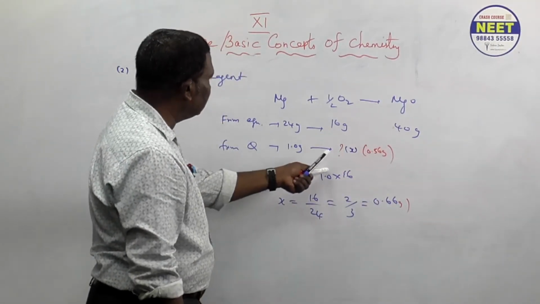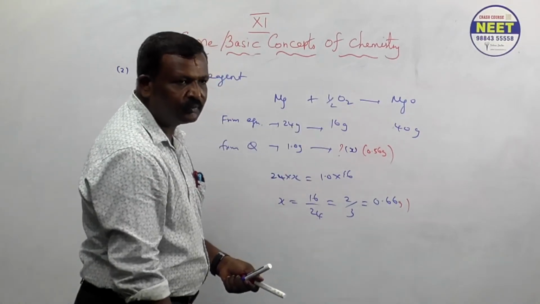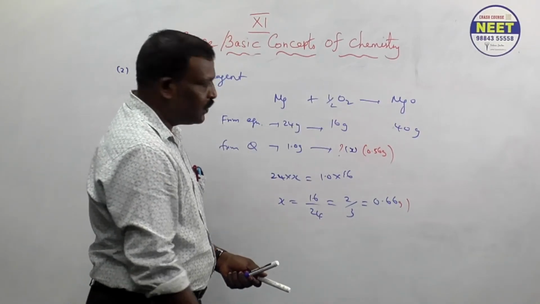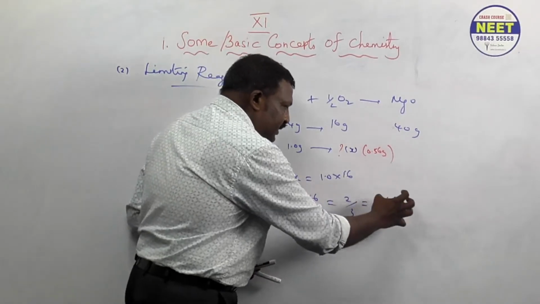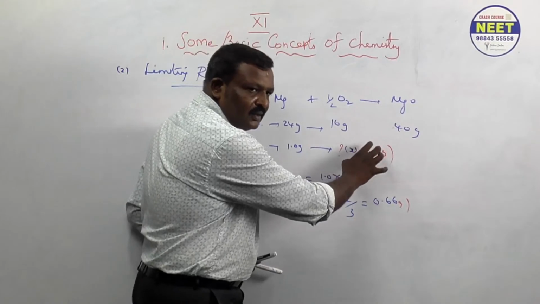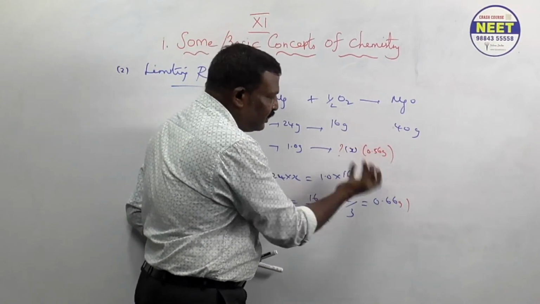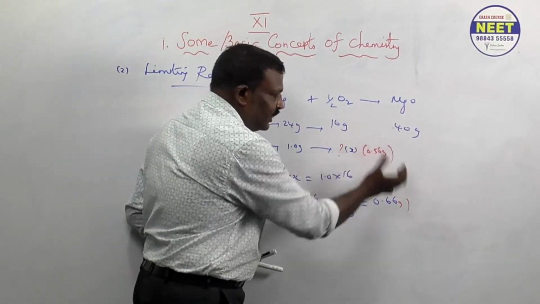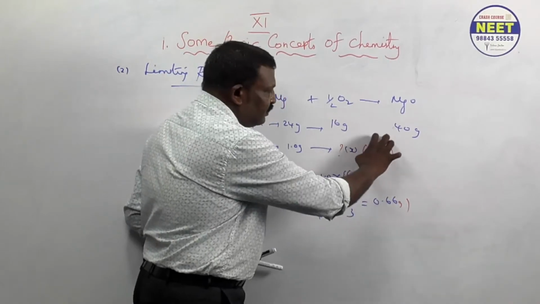So what is the limiting reagent? Understood? Actually 0.66 gram should come, but the question gives 0.56 only, somewhat less amount. When compared to this, it is less amount. Less amount means O2.